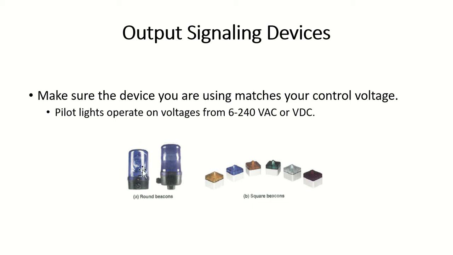So you're going to see a large range. And even in this class that we have in our apprenticeship, we've got different devices that use different voltages. So you've got to pay attention to the control voltage. Make sure that when you unbox it or you're hooking it up, you know that it's the control voltage that you're using.